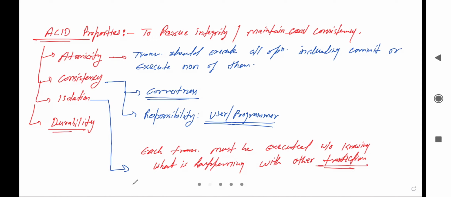And who is the responsible person? Responsible person is concurrency control manager. So concurrency control manager is responsible for the isolation.